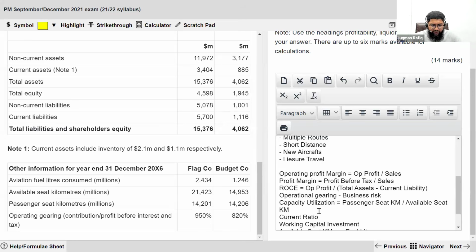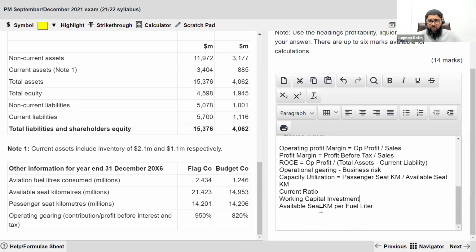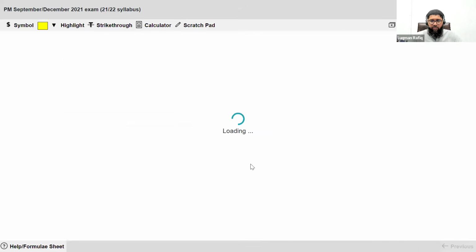The main objective of all of this should be that we are able to calculate these and comment on the company's performance.